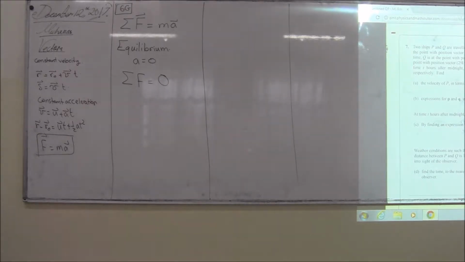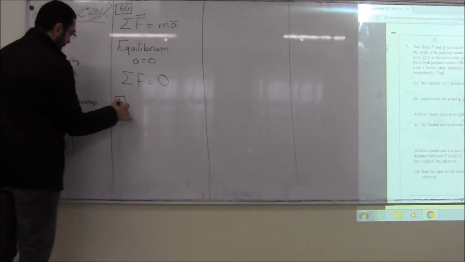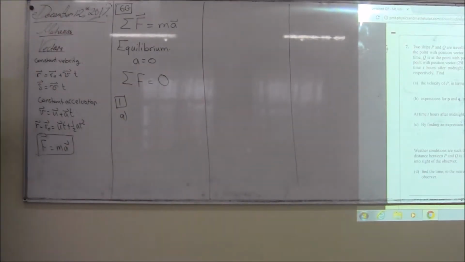In order to apply these things, look at exercise 6G question 1. A particle is in equilibrium at O under the action of 3 forces, F1, F2, F3.